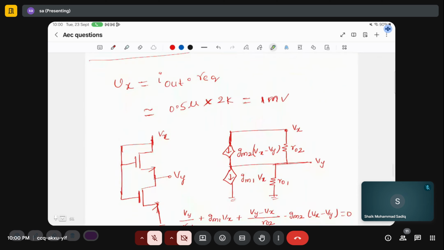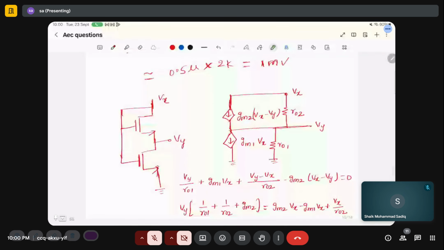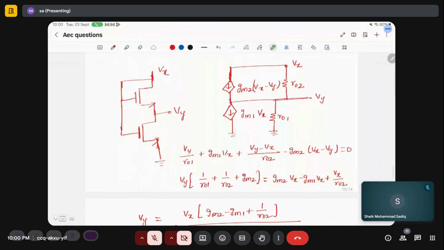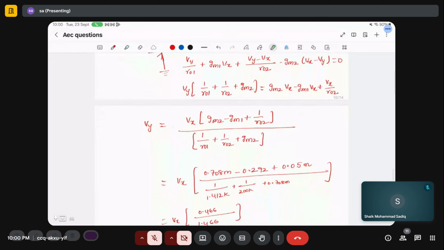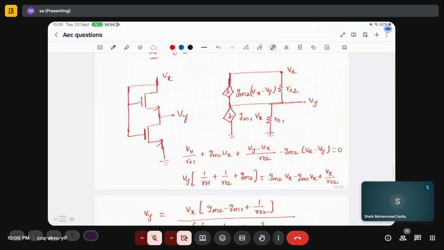So the last question is, when we are changing the input current by 1 microamp, what is the change in this node potential? In the question it is Vx, but I have taken it as Vy. So this also you have to just apply KCL and KVL.